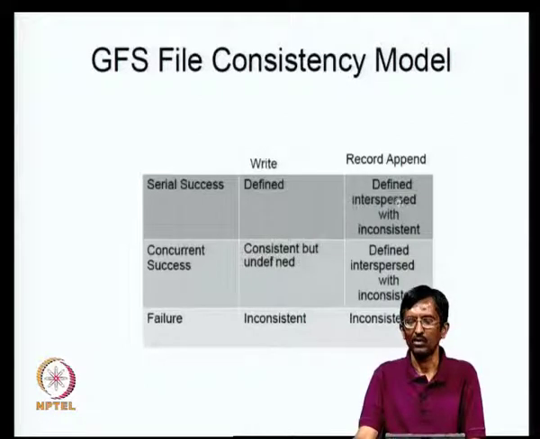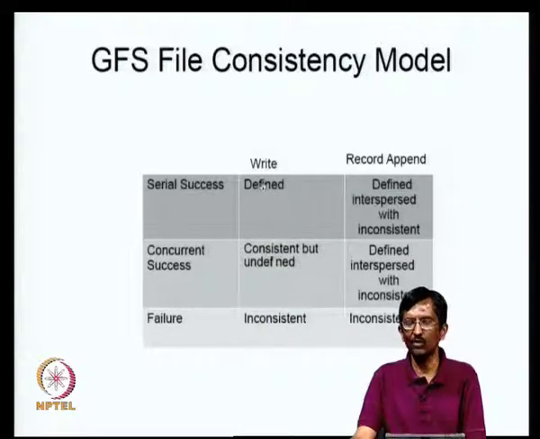Okay. So basically what happens is that you can have a record append going on, and some of the replicas don't get updated with the append because of failure situations. So they might have different pieces of information, because there is concurrency.